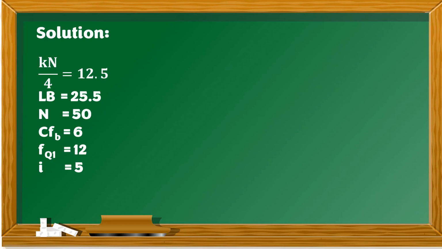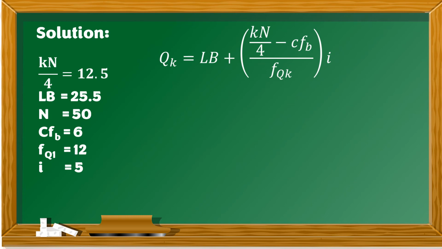CFB is 6, the cumulative frequency below the lower quartile class. F sub Q1 is the frequency of the lower quartile class, which is 12. And i, the interval, is equal to 5. The formula is Q sub k equals LB plus the quantity kn over 4 minus CFB, all over f sub Q k, times i.